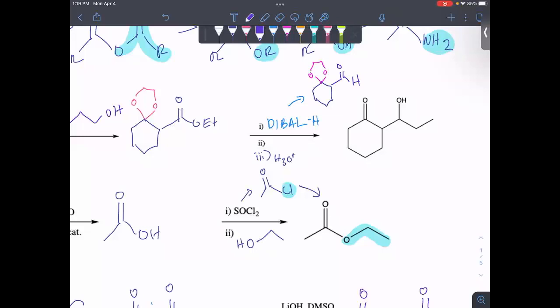So what Grignard reagent did we use here? An ethyl? Yes, we use an ethyl because this nucleophile that we added in the end is 2 carbons. So we know it's just going to be an ethyl with an MgBr.